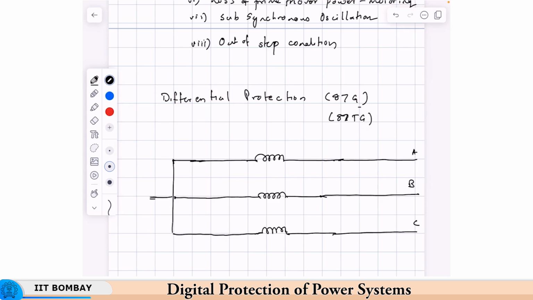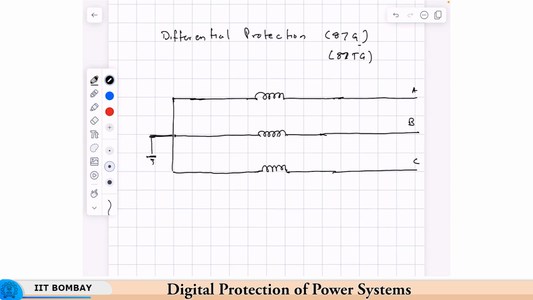Okay. Generators may not be solidly grounded, but here for the sake of convenience we are just assuming that this generator is solidly grounded. It otherwise could be, if there is a neutral grounding resistor or a reactor, then you simply have to add an RG or ZG, as the case may be.